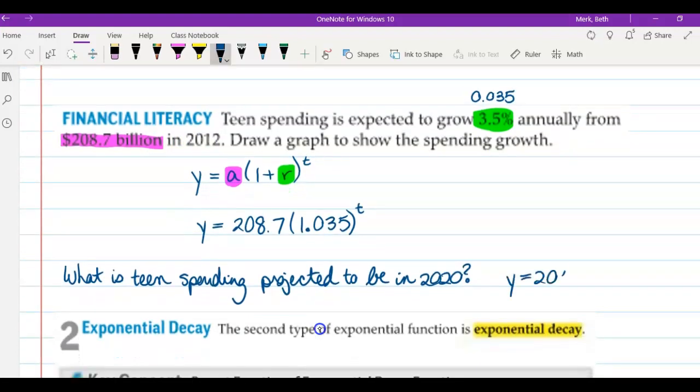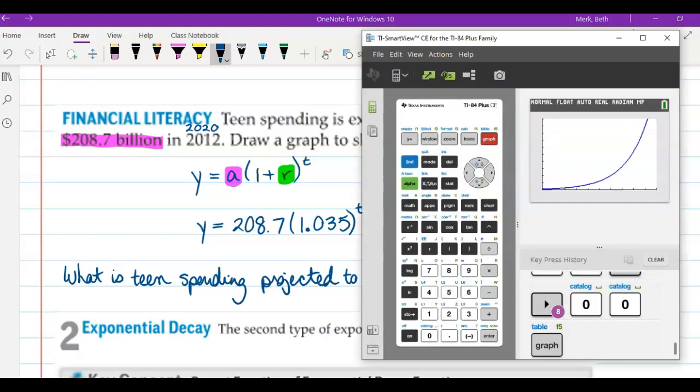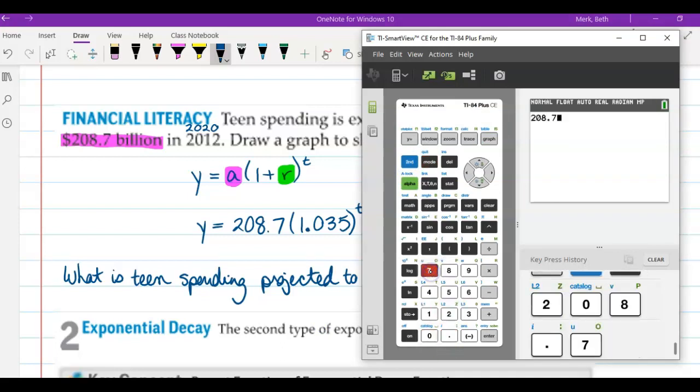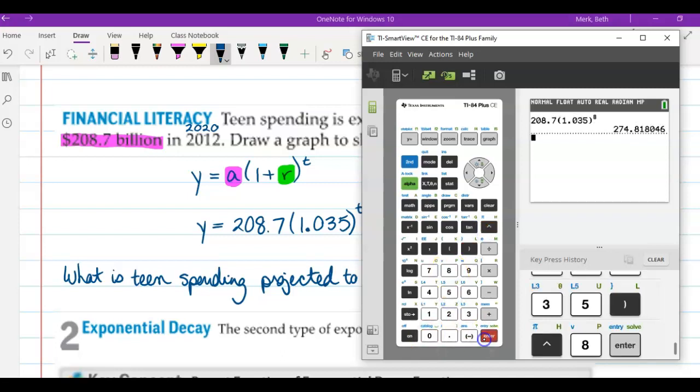Y equals 208.7, 1.035, but do I put 2020 right here? No. How many years have passed if it's 2020 from 2012? Well, that would be an 8. And then we'll type that onto our calculator. We'll type in 208.7 parentheses 1.035 to the 8th. That means they're projecting the spending to be $274.8 billion.